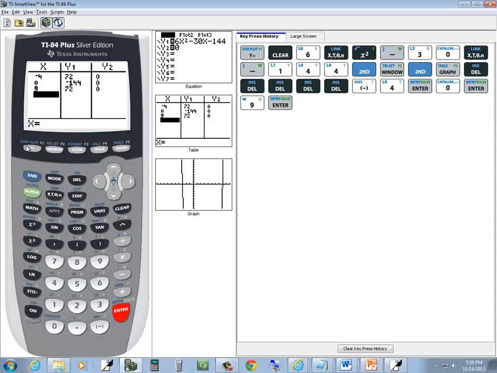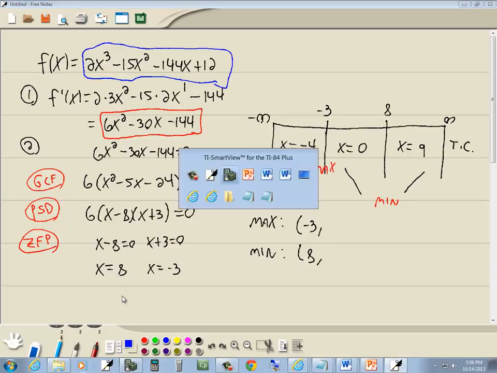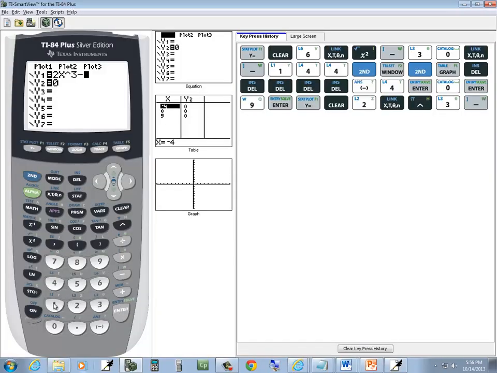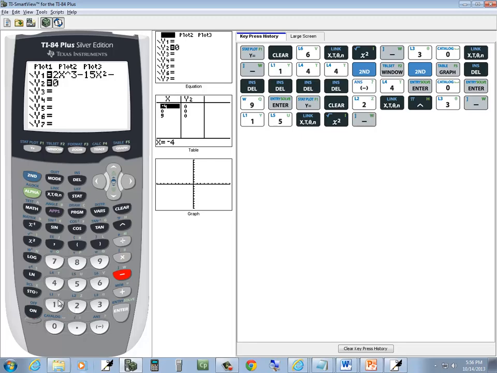So I'll go to my calculator, go back to y equals, press clear, and we've got 2x to the third minus 15x squared minus 144x plus 12.